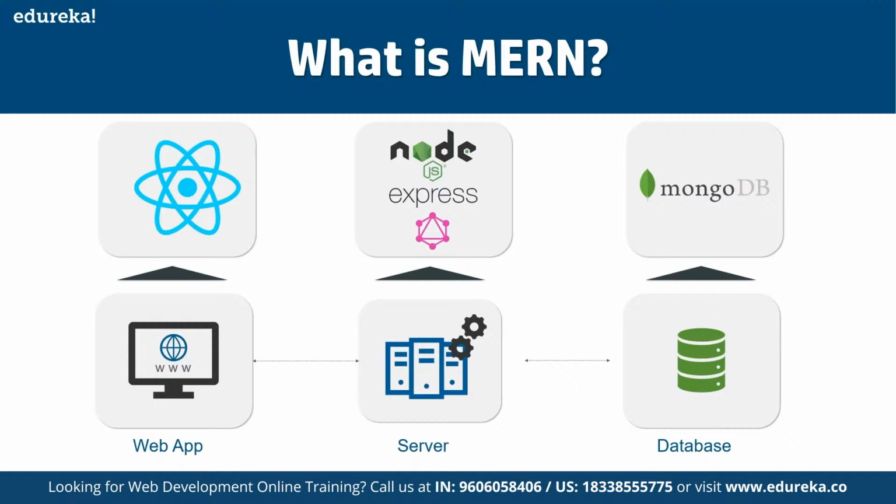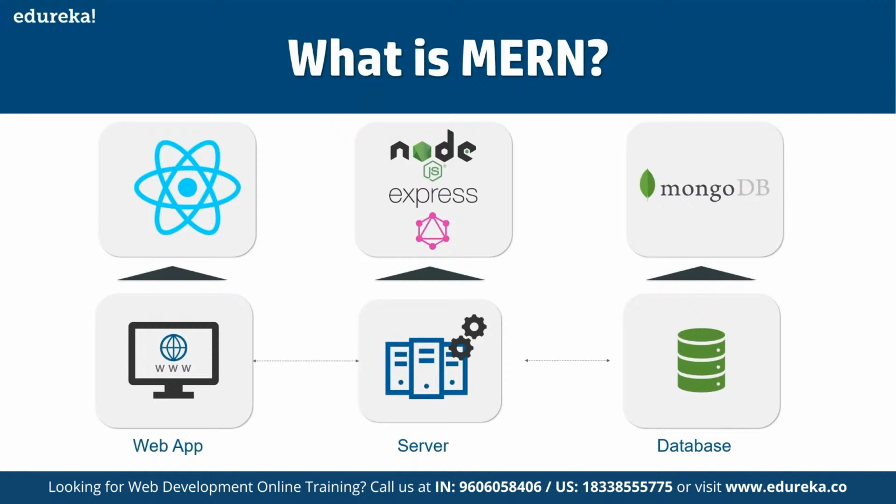If we talk about the stack itself, then MERN refers to: M stands for MongoDB. We are going to make use of MongoDB as a document-based open source database. Then E stands for Express.js. Express is basically a fast, unopinionated, and minimalistic web framework for Node.js.